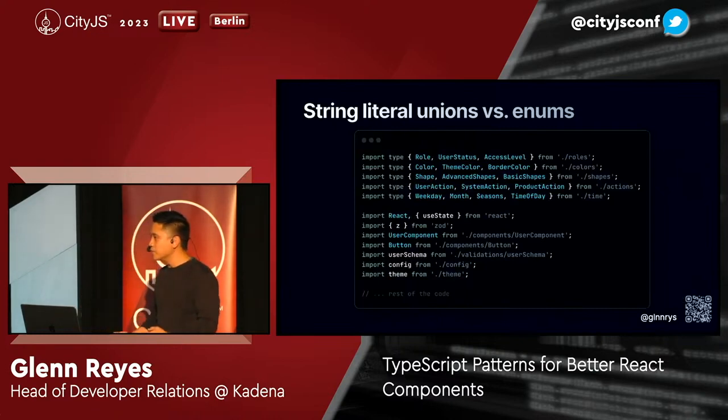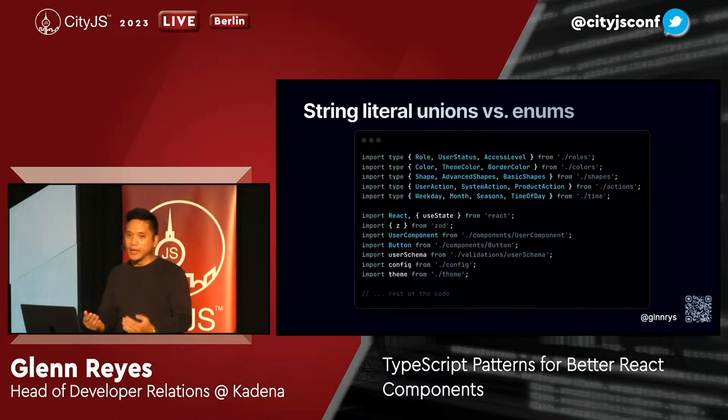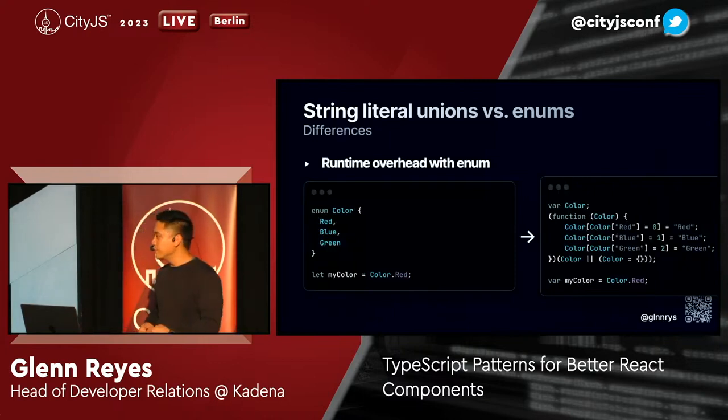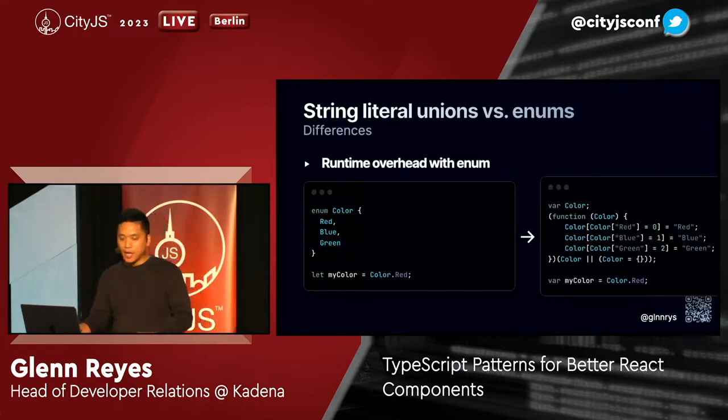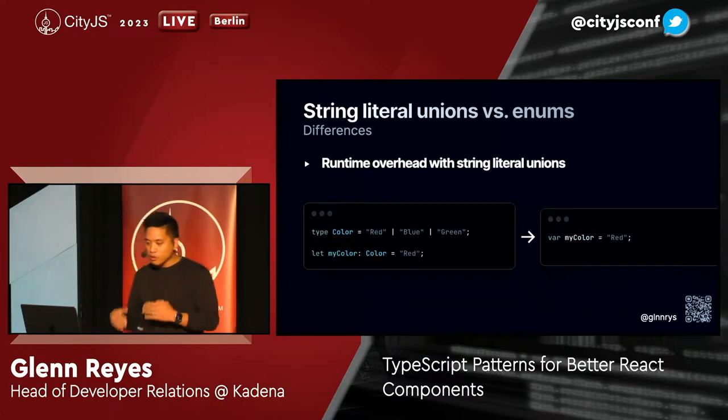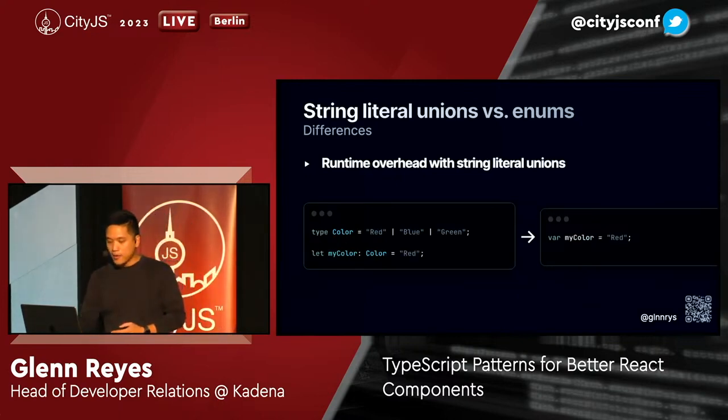The thing with enums is that if you use a lot of enums, it probably also adds up a lot of code, including import statements and things like that. But not only that, if you compile your code, it actually adds a lot of runtime overhead on top of that, just for adding simple enums. So compared to string literal unions, where you just have a single line of code when you get your compiled code.